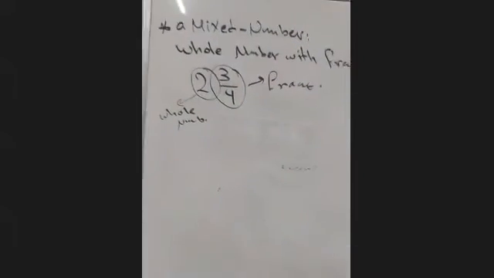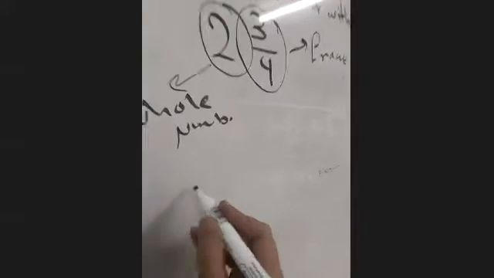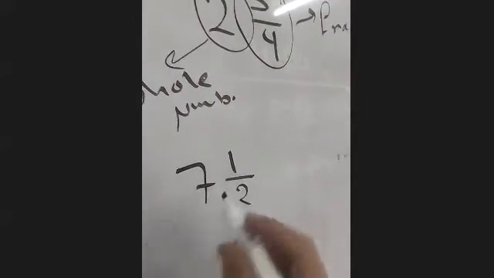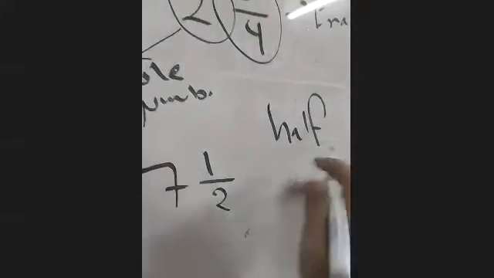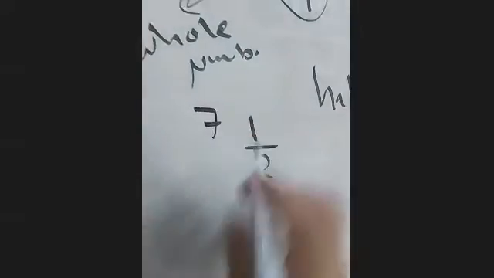2 and 3 over 4. Like, for example, 7 and a half. 1 over 2, you call it half. We don't write 7 and a half like this or like this.